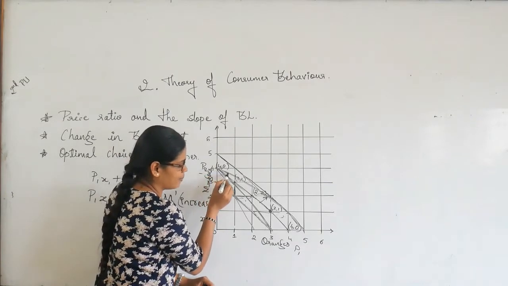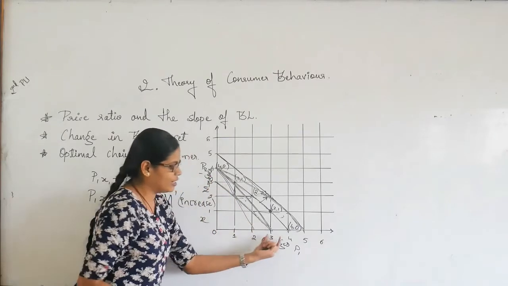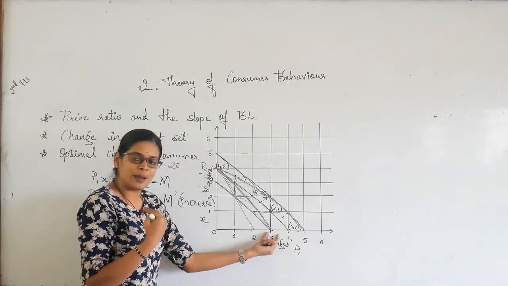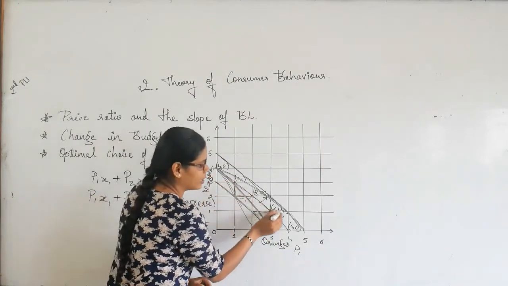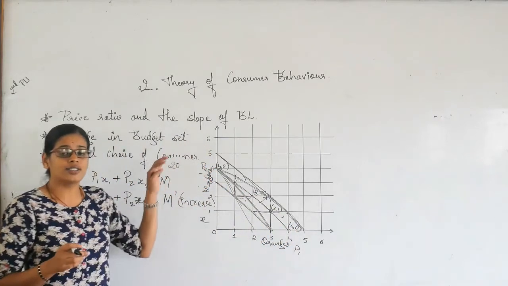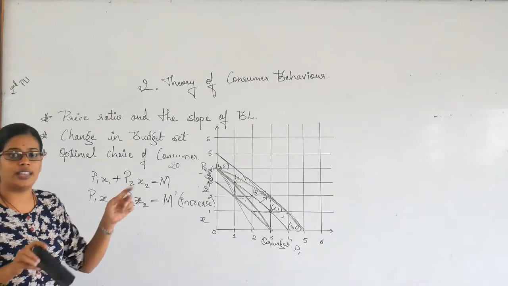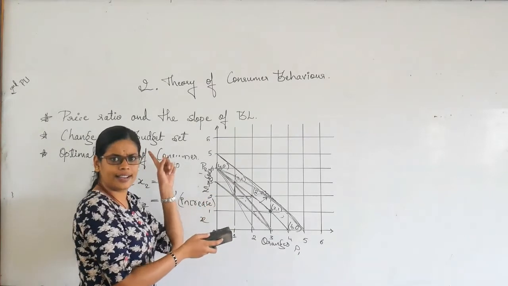If we increase the price, what happens? The budget line shifts here. It becomes steeper. When the price of the oranges decreases, we can see that the budget line becomes flatter and flatter. So these are the two scenarios in which we have seen the change in the budget set. I hope this is clear.